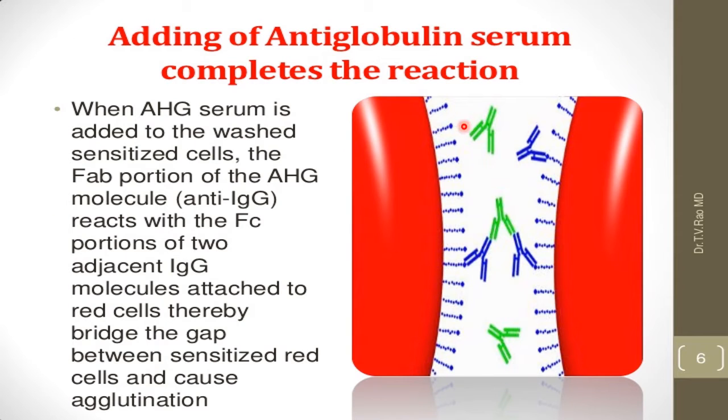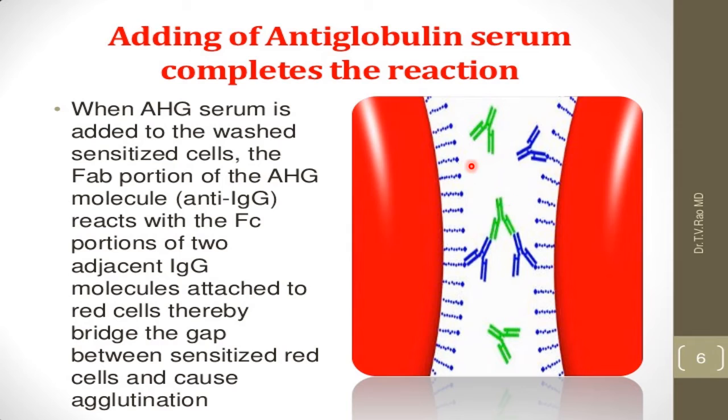Here you can see the RBCs and these are the sensitized cells. The RBC is attached with the blue-colored antibody, but those attachments cannot combine. That is called a sensitized RBC.